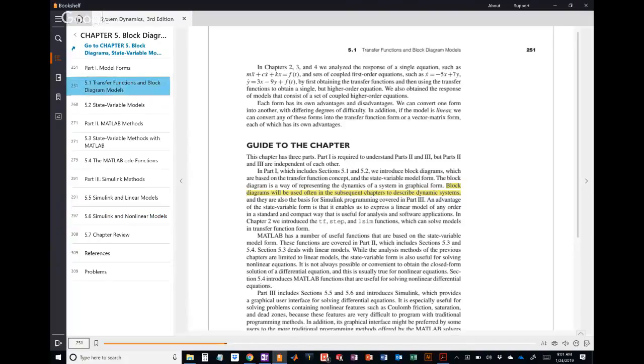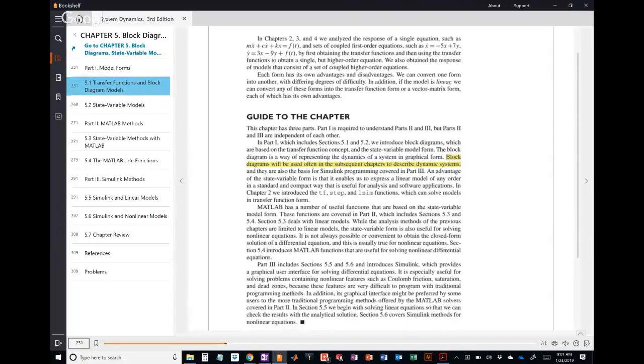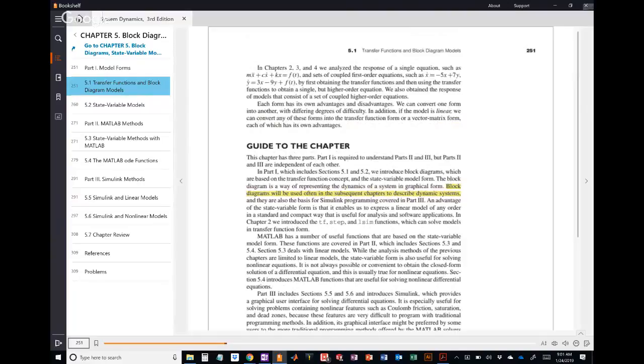Chapter 5 is more block diagrams, but I've rolled a lot of what's done in chapter 2 with the transfer functions in here, because I think this is a good place to package all these together. I find chapter 2 more like a reference than something to learn.